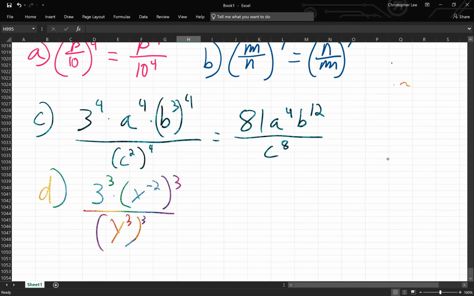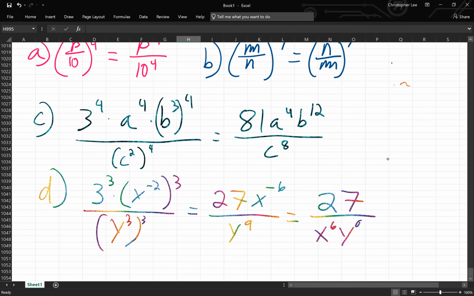Let's do the math on it. 9 times 3 is 27. x to the negative 6 power over y to the 9 power. It's illegal for me to have those negative exponents, so you already know. This is going to be 27 over x to the 6, y to the 9. Questions on that? Good?